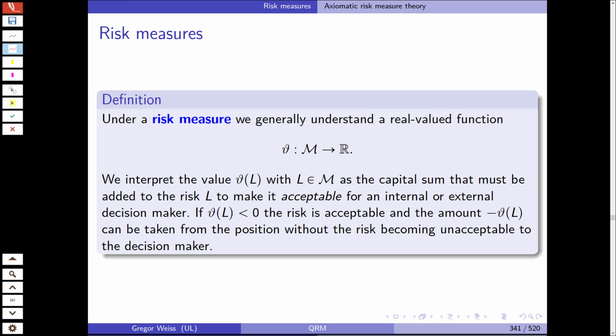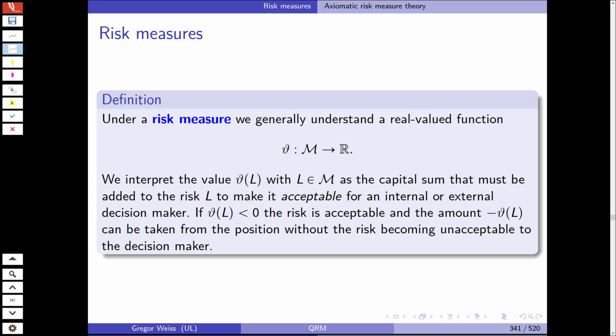Could be the CEO, could also be a regulator, could be the government. So if nu of L is negative, then the risk is acceptable and the amount minus nu of L can be taken from the position without making the risk unacceptable.